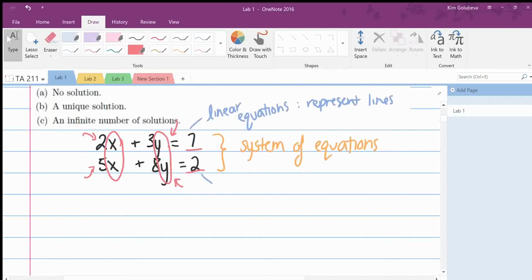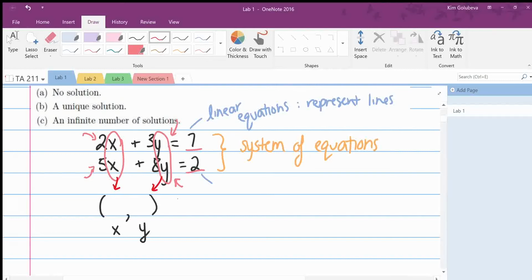So thinking about this more geometrically, you are all familiar with x and y coordinates. So in this case, finding the x and the y value would be representative of finding a coordinate pair that both of these lines have in common.